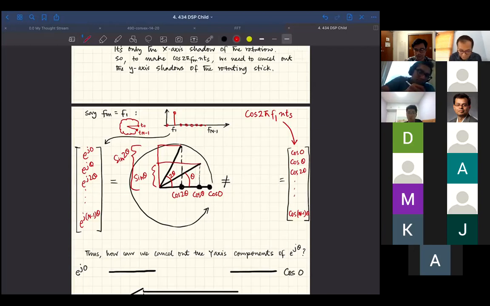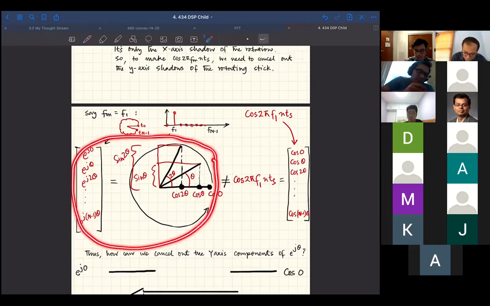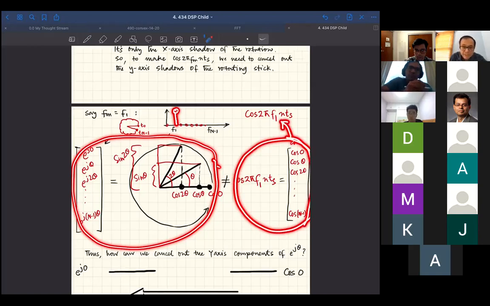So this rotation is not equal to cos 2 pi f1 nts. I hope this is clear. This left-hand side corresponds to this f1, and the right-hand side corresponds to this cos 2 pi f1 nts. There is some similarity in the sense that the x-axis shadow of the left-hand side equals the right-hand side, but they're not the same.